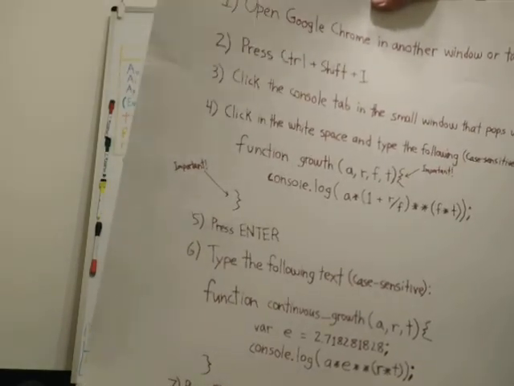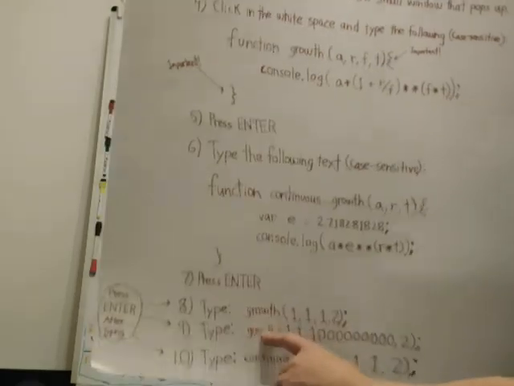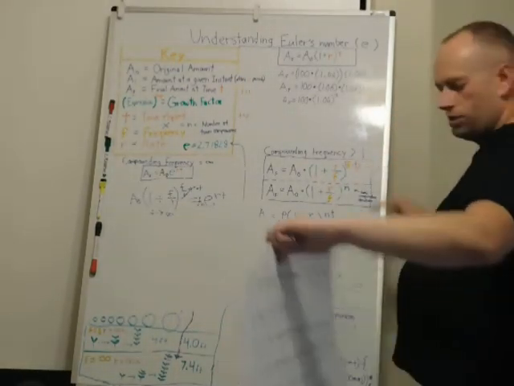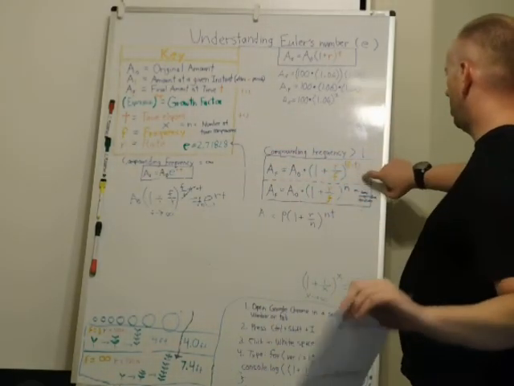Then press enter, but down here is where we actually put the amounts in. First we're trying this one out, which is the same as this formula here.